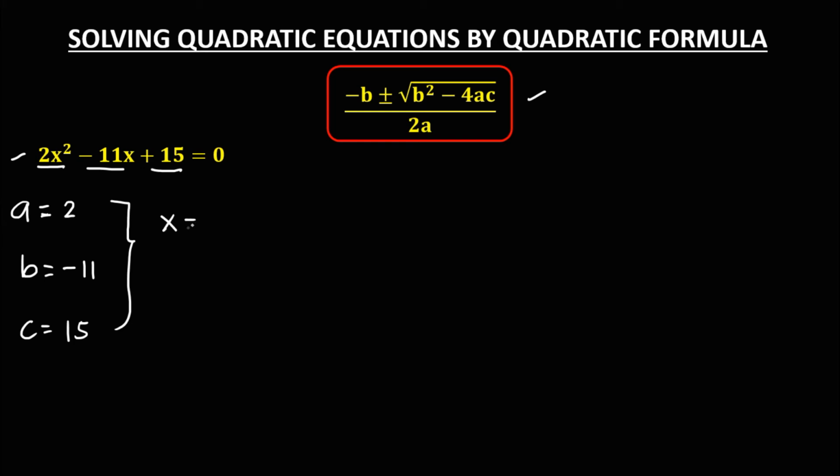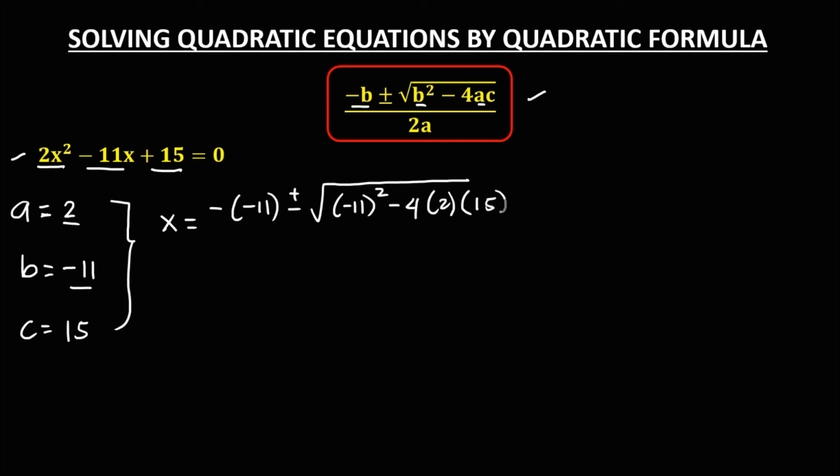So we have x equals negative b, and b is negative 11, then plus minus the square root of b squared, and b is negative 11, to the power 2, then minus 4 times a, and a is positive 2, times c, which is positive 15, then all over 2 times a, so 2 times 2.